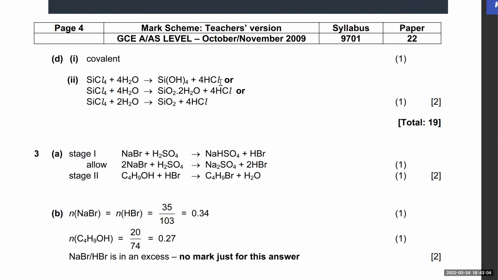If it's 1 mark, no state symbols are needed. 1 mark वो पिछले का था covalent का, ठीक है? So just remember, I mean, use this rule. Okay, if it's a 2-mark question, 2 marks for equations only, then state symbol is needed.